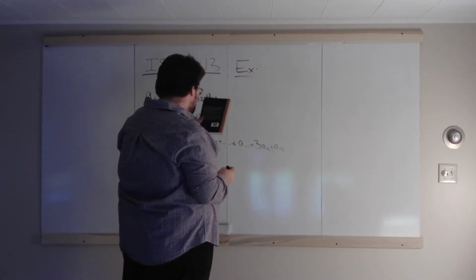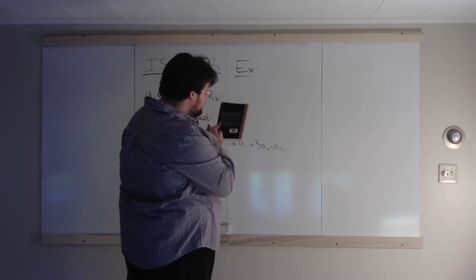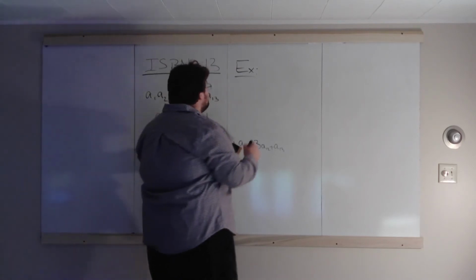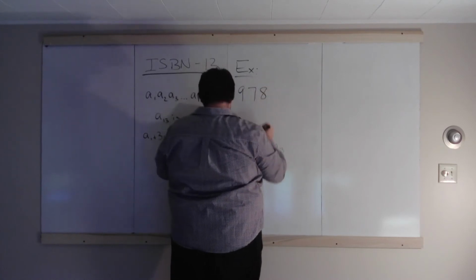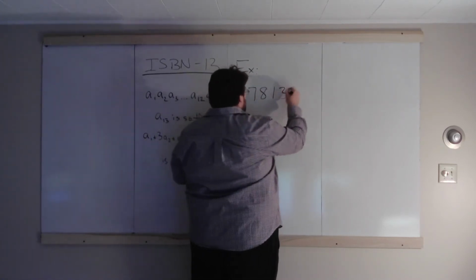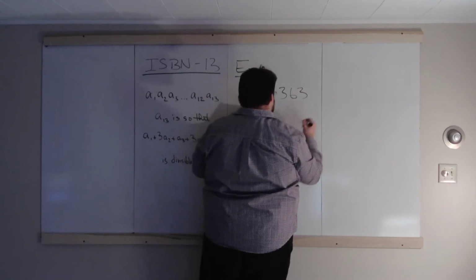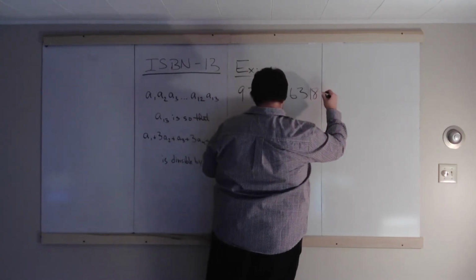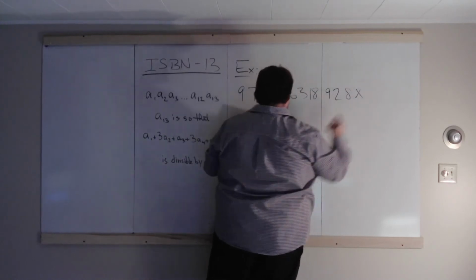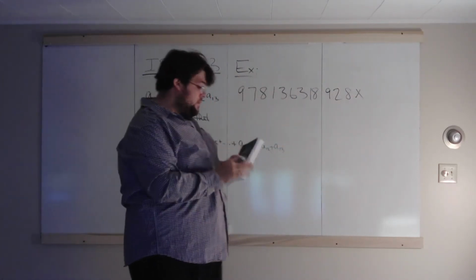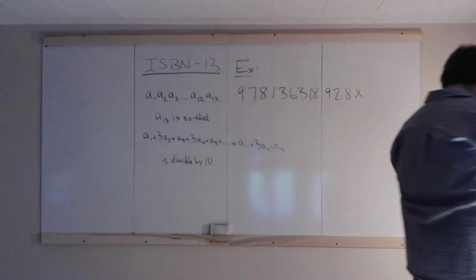So let's check. This says the check digit is 1. The last digit is 1. So let's find the check digit for this. X equals 1 according to the book, and we're just going to verify that.